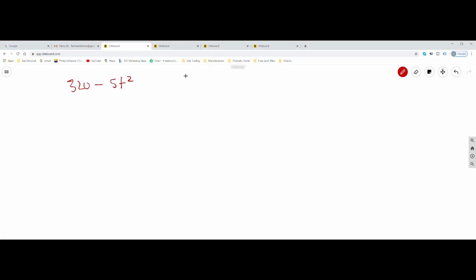So when you substitute 2 into this equation, what do you get? 320 minus 5, 2 squared, 320 minus 5 times 4. You're left with 320 minus 20, and you have 300.